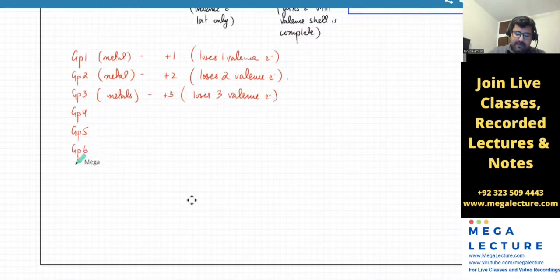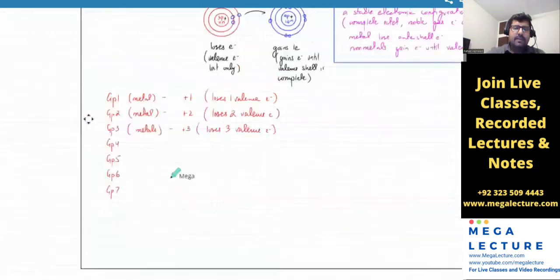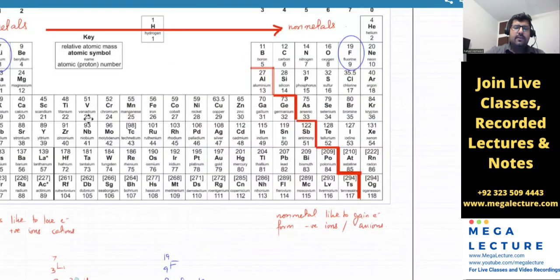Group 6, group 7, okay. I said, what happens to non-metals? When you move past group 4, okay, group 4 and above, it's kind of a mix. It's metals and non-metals. But when you move past group 4, groups 5, 6, 7, they're mostly non-metals, right? So what happens over here? Let's talk about group 5. You've got how many valence electrons in group 5? That's 5.